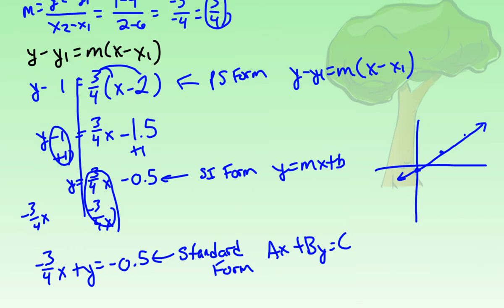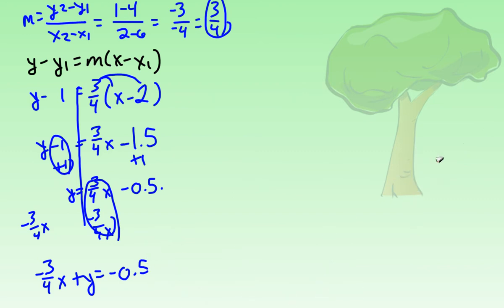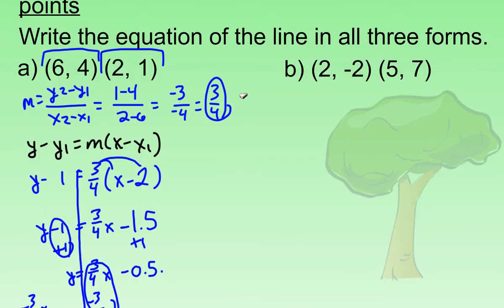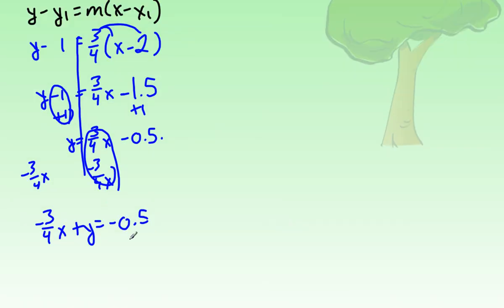I'm going to erase most of this, all the stuff in between, because I need to do the second problem. So erase there, and there, and there, and all that stuff. All right. Letter B. Same deal. So you always have to find the slope in order to write the equation of a line. Even in standard form. Standard form, if you look down here, doesn't actually have slope in it.